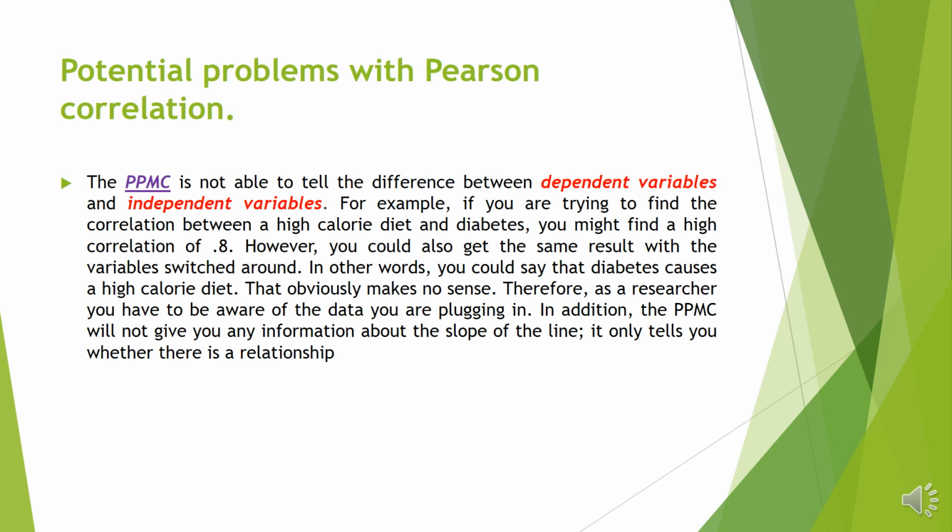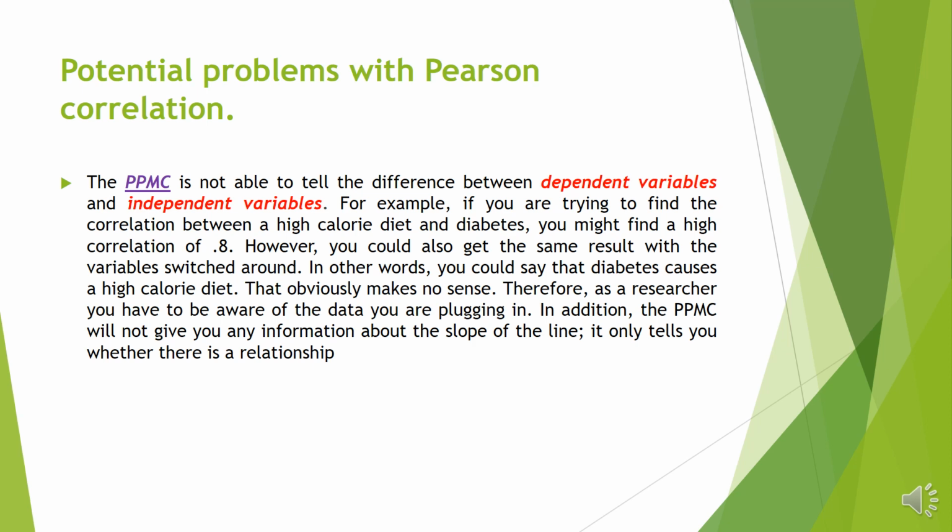So, a potential problem with the Pearson correlation. The PPMC is not able to tell the difference between the dependent variables and independent variables. For example, if you are trying to find out the correlation between a high calorie diet and diabetes, you might find a high correlation of 0.8. However, you could also get the same result with the variables switched around.